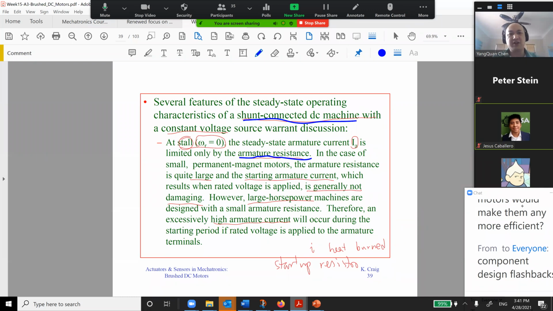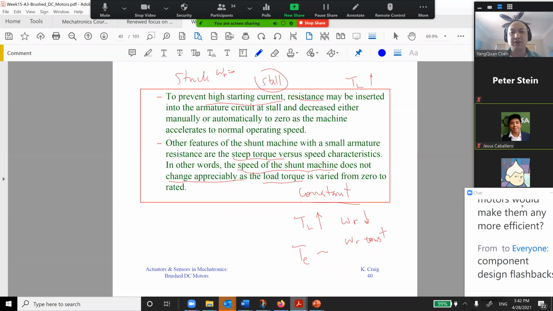So when you start the motor, the current is big, and if you get stuck for too long, you can burn your motor. So sometimes we purposely add larger resistors to get it to start up, so your current is small. That part needs to be careful, okay?